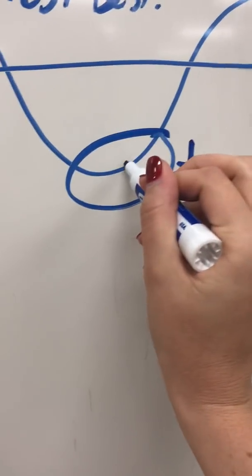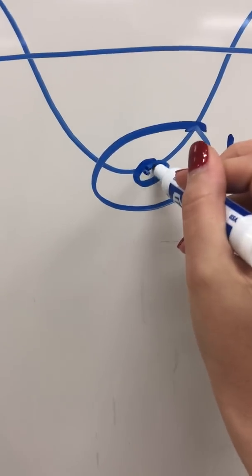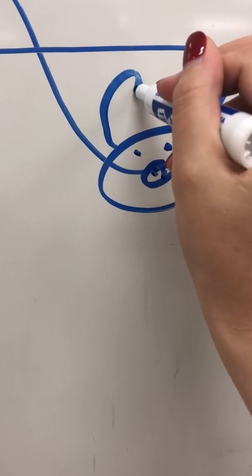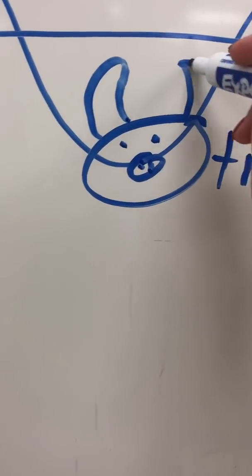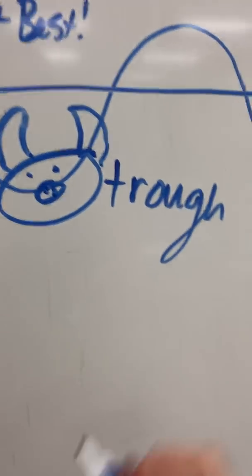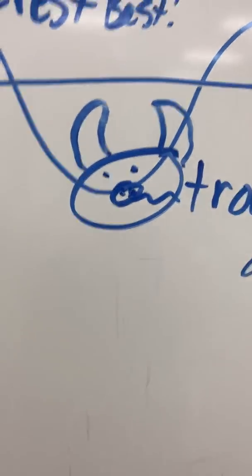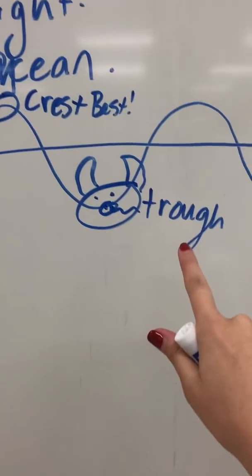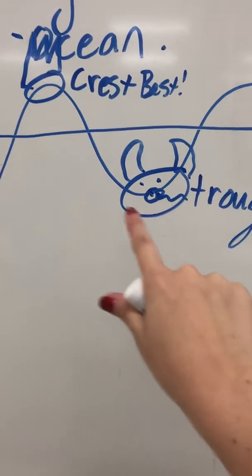So my trick to remember trough is it's what pigs eat out of. It is the lowest of the low. My little piggy. Let's see. Give it some big old ears. This is probably a horrible pig because I'm not a very good artist. But that's okay. So trough is what pigs eat out of, and there's my little trick to help you remember. Crest is the best. Trough is the lowest of the low.